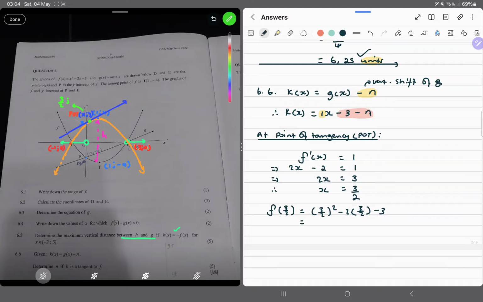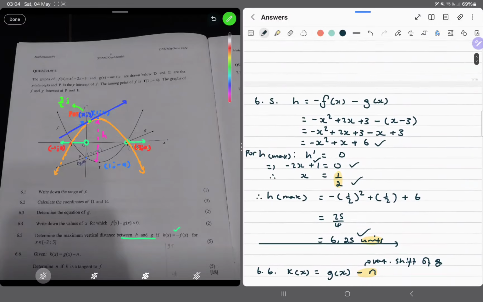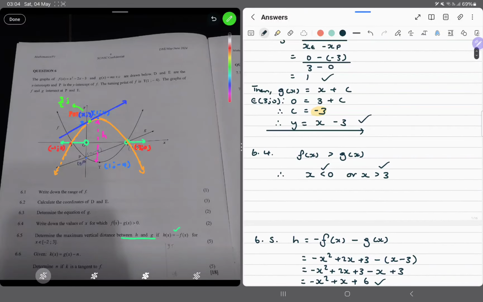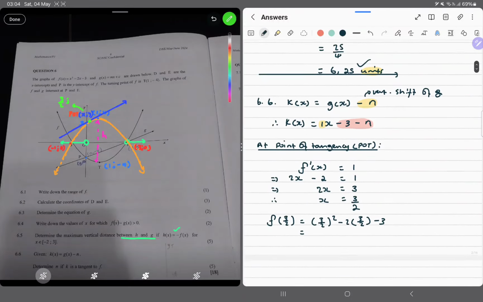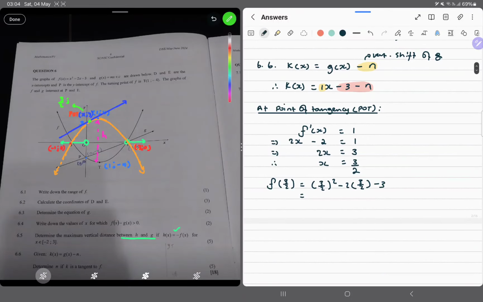It doesn't make any sense. A disaster. Did we do a correct maneuver here? What was the graph of g? Minus 3, not minus 1.